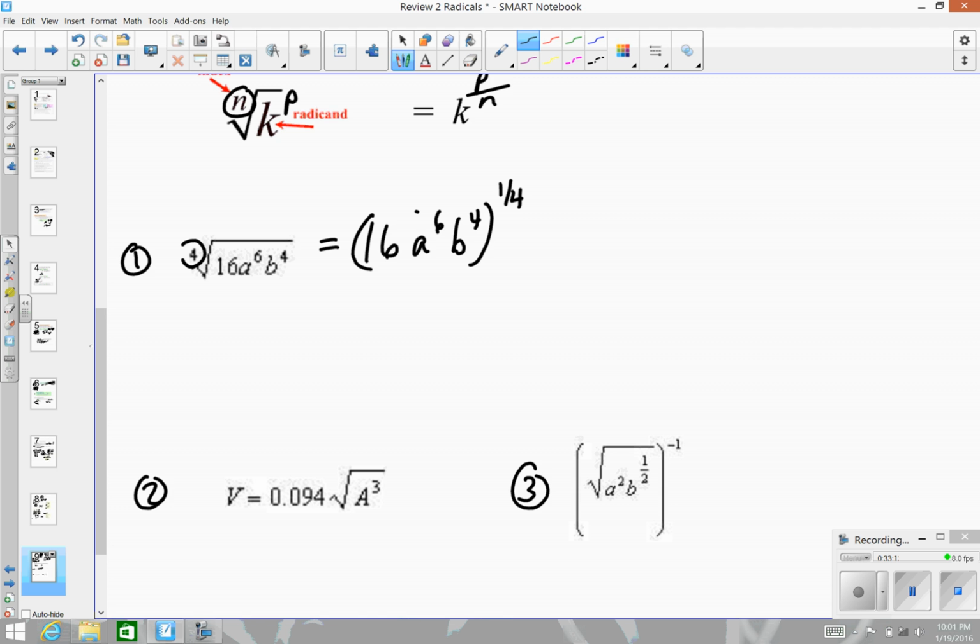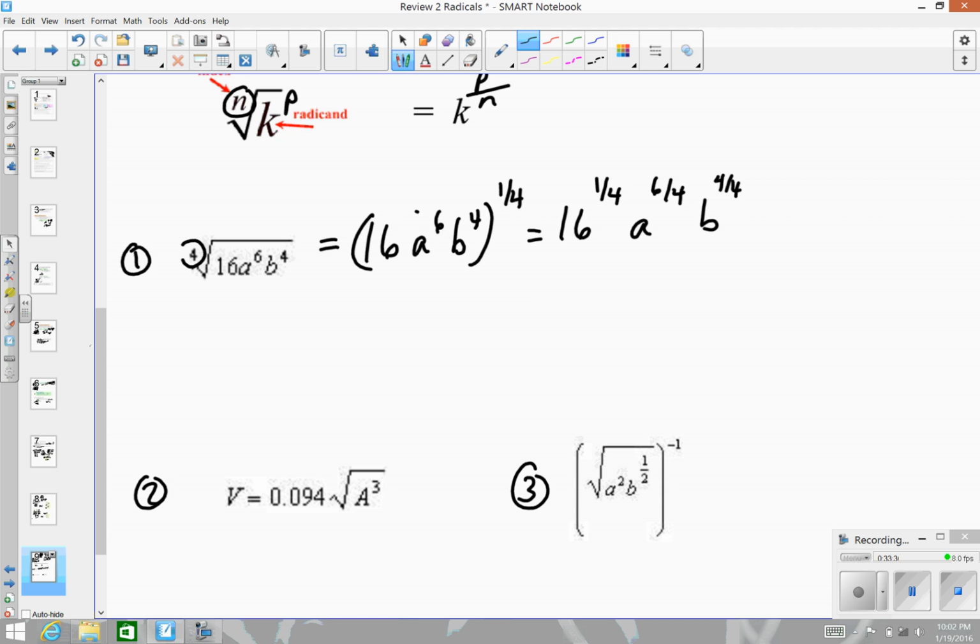Now remember, if something's in parentheses being raised to a power, each term inside the parentheses gets raised to that power. So this is equivalent to 16 to the 1/4, a to the 6 times 1/4 or 6/4, b to the 4 times 1/4 or 4/4.